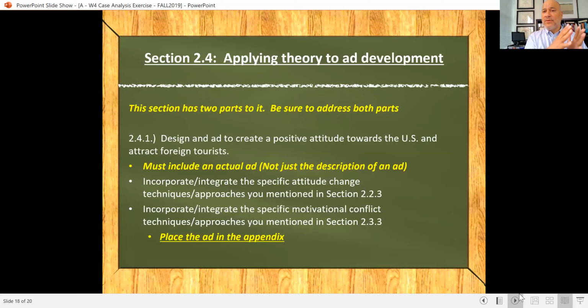And for the sake of space, you can just take your ad and please place it in the appendix. You do not need to put it directly in the paper. I'll see it in the appendix.